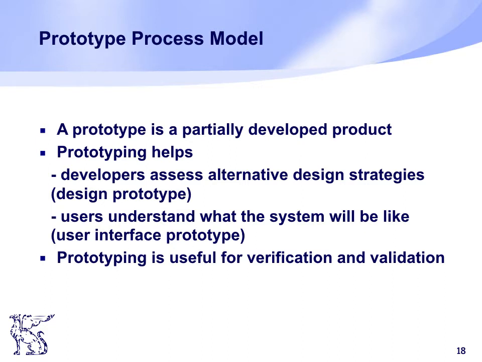So we can say this is actually an iterative trial and error method which takes place between developer and the client or customer. And also we are doing validation and verification here. It's useful for validation and verification. Validation is you are checking are we building the right system, and verification is are we building the system right.